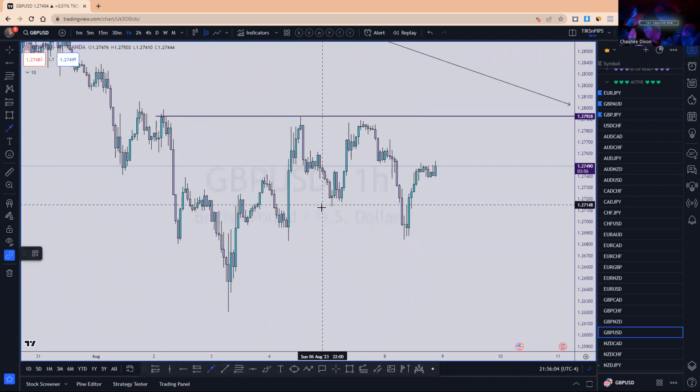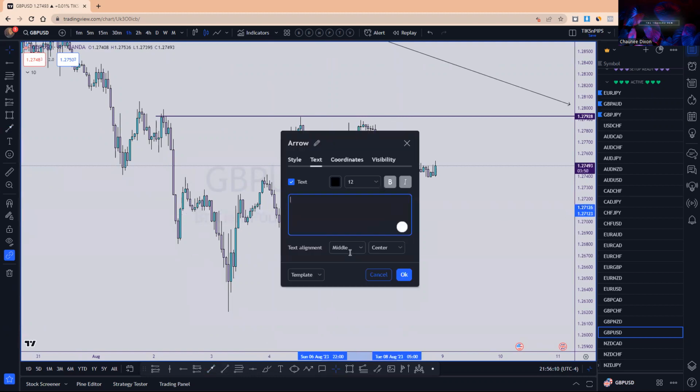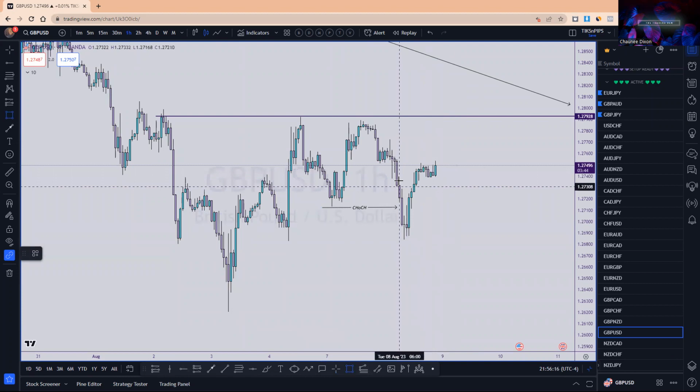Let's see, so chalk. It pushed past this fair value gap, so I don't care about this one anymore.